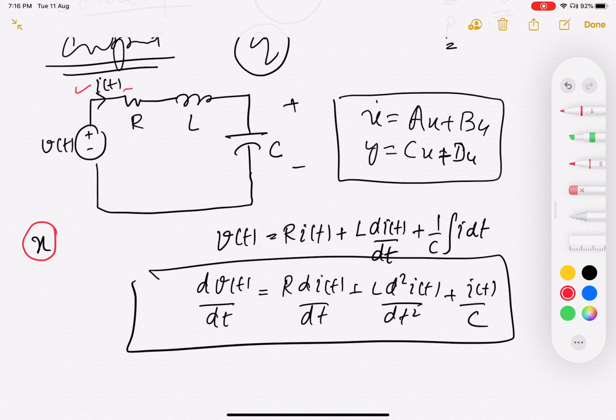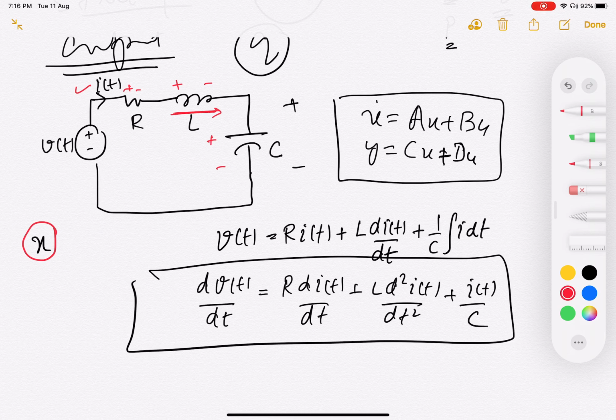The voltage across the resistor is a system variable because it changes with change in input. The voltage across the inductor could be a system variable. The voltage across the capacitor is a system variable. Similarly, the magnetic flux inside the inductor is a system variable. It changes with change in input. The charge on the capacitor is a system variable.